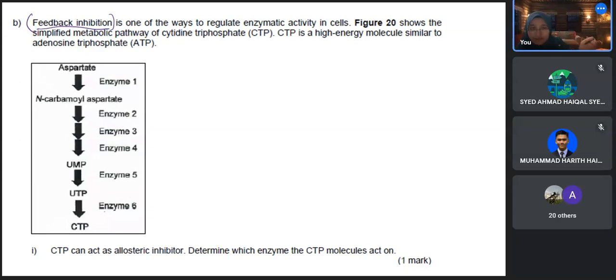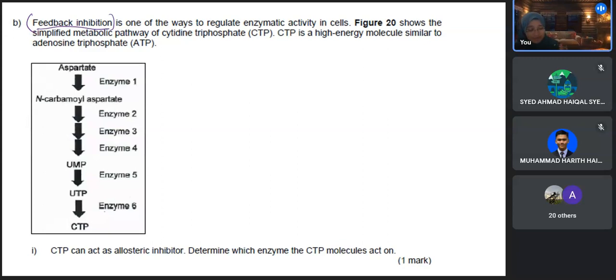Okay, so let's continue to discuss. Question B: figure 20 shows the simplified metabolic pathway of CTP. CTP is similar to ATP. It differs in the base that binds to the molecule. CTP is cytidine, while ATP is adenosine. Both molecules have 3 phosphates bound to them, so it is a high energy molecule.